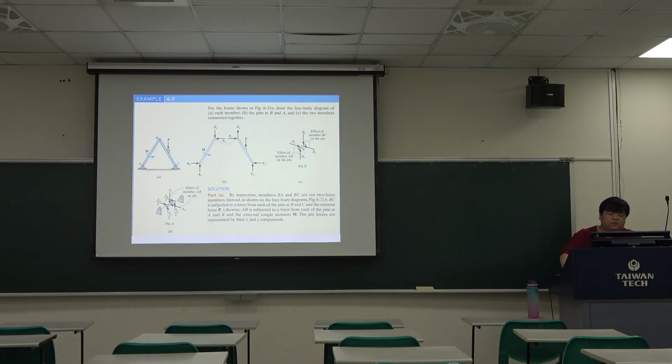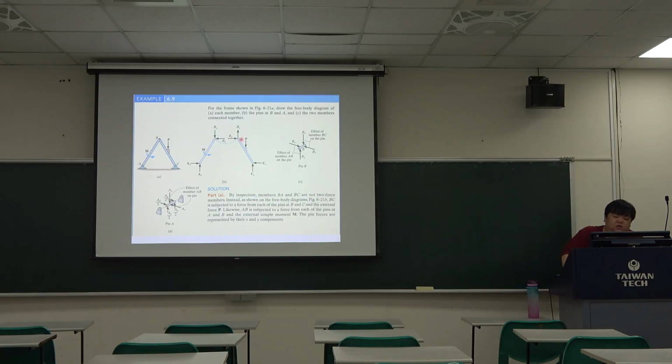When we draw each member's free body diagram, just use these external forces, and when we cut this part, then we can get the internal force. Because this part is a pin, the internal force also has two direction forces.